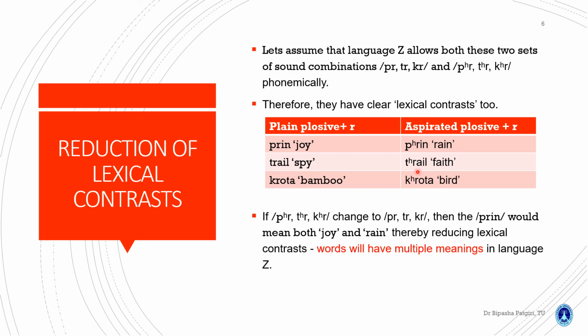Similarly, thrial will become trial, and trial will mean both spy and fate. Crota will mean both bamboo and bird. So this is called reduction of lexical contrast. Earlier we had two different word structures to mean two different concepts: joy and rain, similarly spy and fate, and bamboo and bird. But when we reduce those contrasts, then only one particular form gives us two meanings.